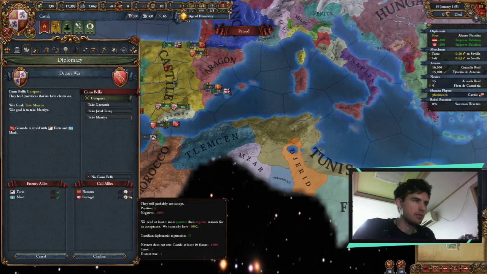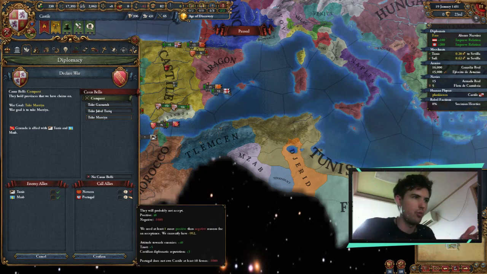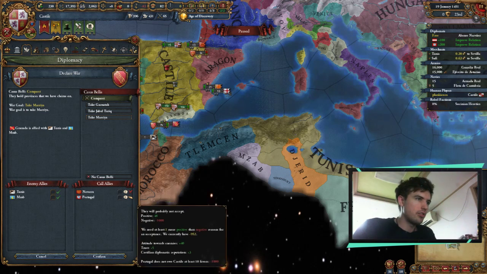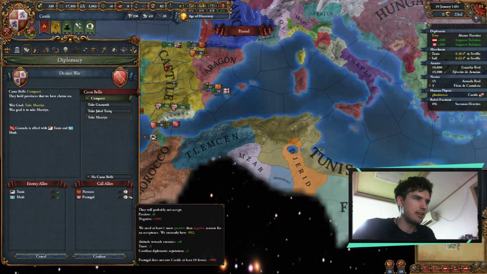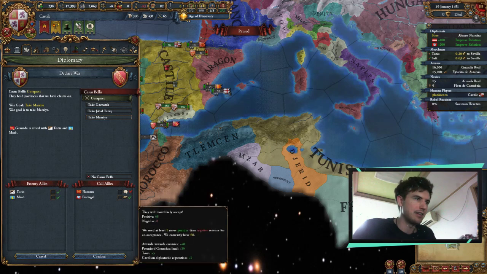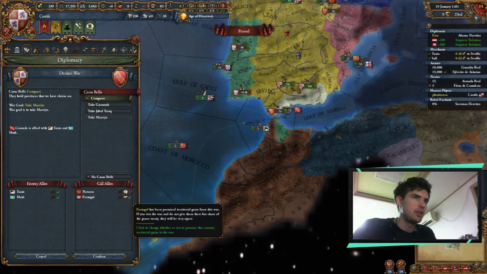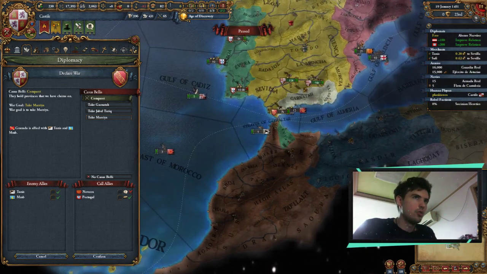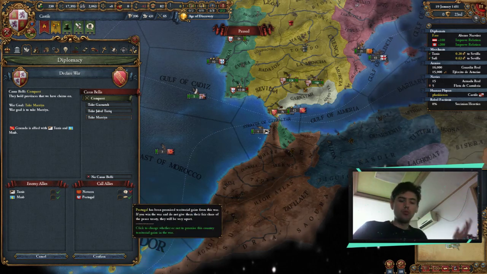And then for our allies, it says Navarra would just absolutely not join, and there's a favors system, which we'll get into later. But we don't have 10 favors from Navarra, so they don't want to join the war. Portugal, it says this little hand thing, and what that means is that they will accept the call to arms if we promise them land. So if we say, hey, Portugal, if you join us in our war, we will give you some land in the peace deal, then they'll say, okay, we'll join that war.